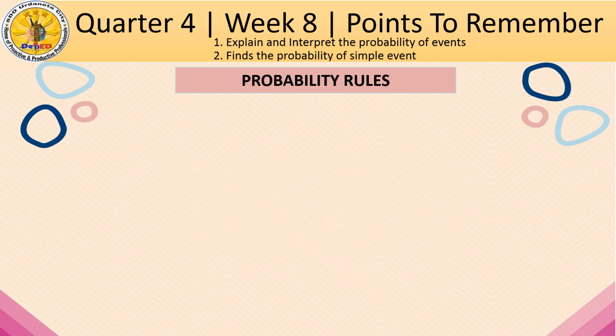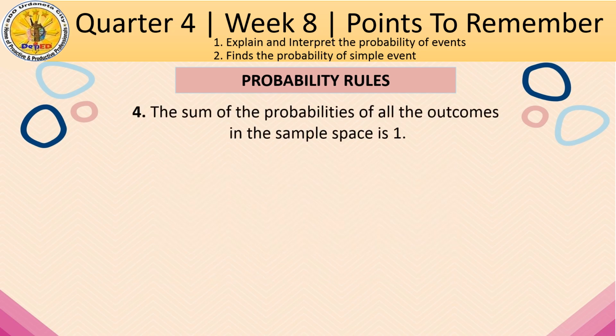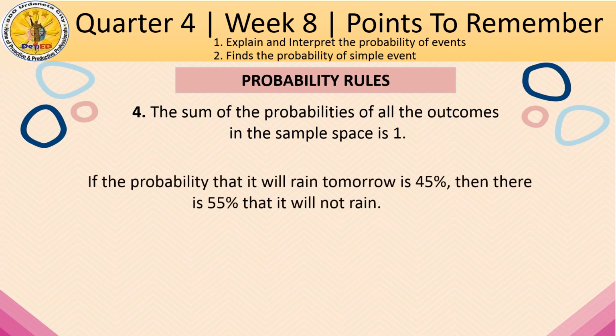The last probability rule, or number 4, the sum of the probabilities of all the outcomes in the sample space is 1. To understand the number 4 probability rule, we have this example. If the probability that it will rain tomorrow is 45%, then there is 55% that it will not rain.